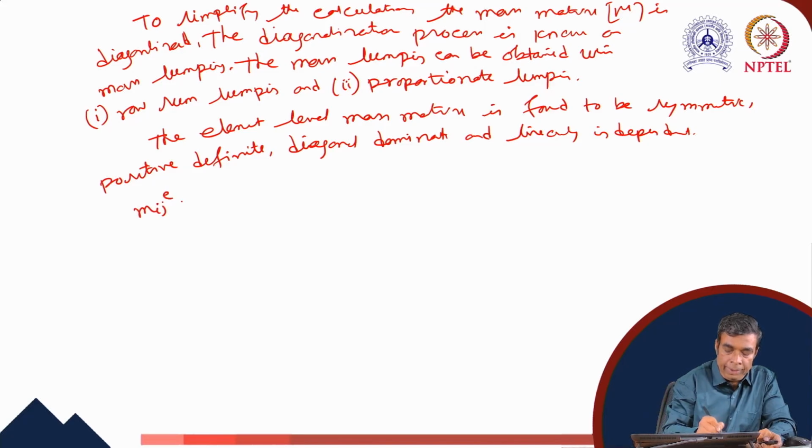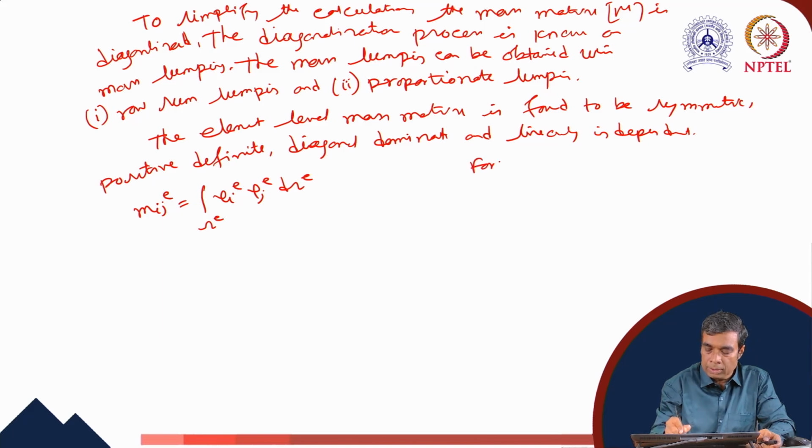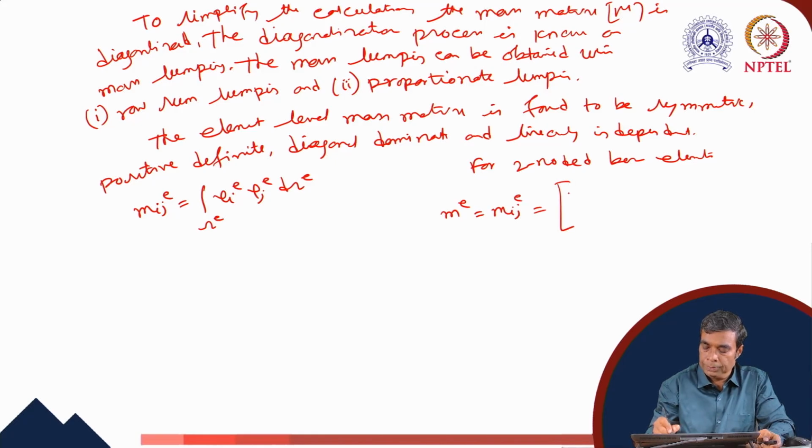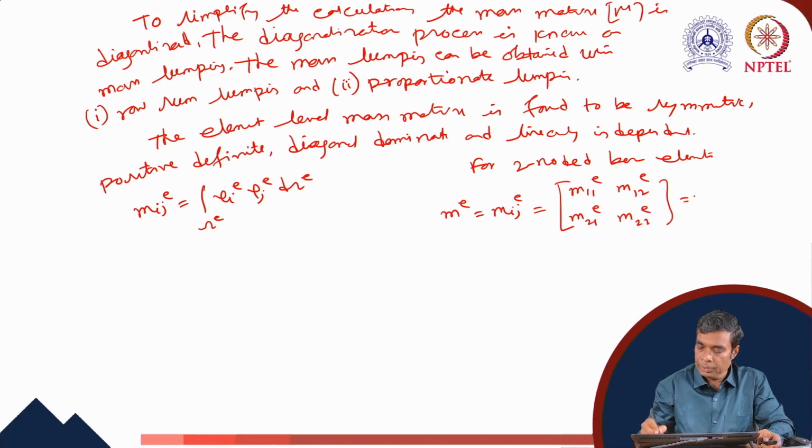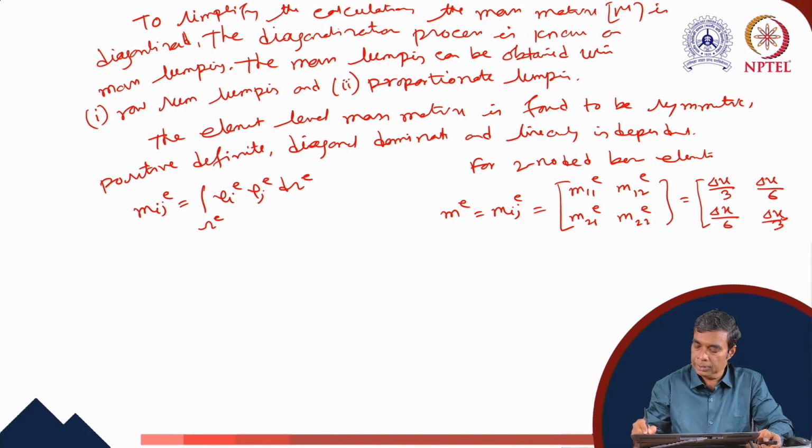So Mij equals to integration over omega e psi i psi j d omega e. So for two noded bar elements, Me equals to Mij equals to M11e, M12e, M21e, M22e equals to delta x by 3, delta x by 6, delta x by 6, delta x by 3.